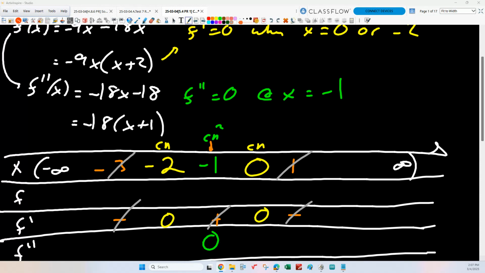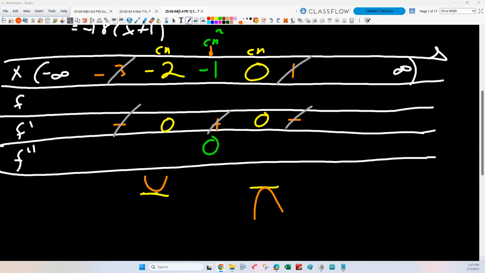Positive, okay? Tell me how that information goes together to tell me that it has to be a minimum. A combination of a 0 first derivative and a positive second derivative guarantees I have a smooth valley. How come? Because it's concave up with a horizontal tangent. What else could it be?